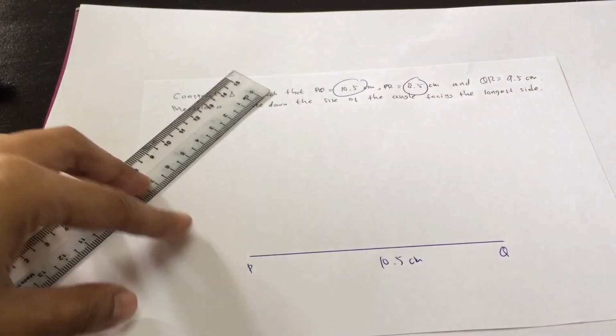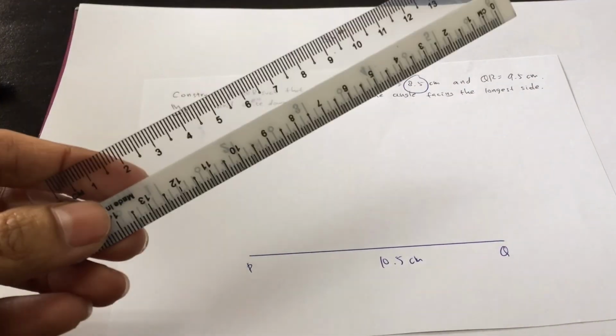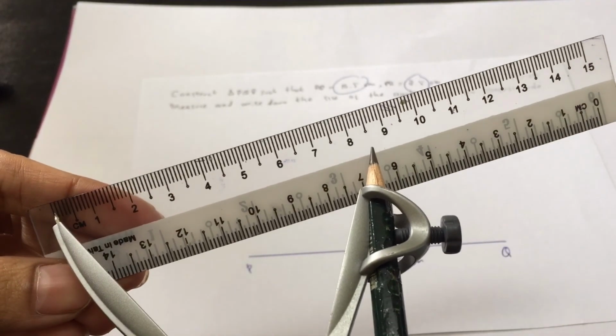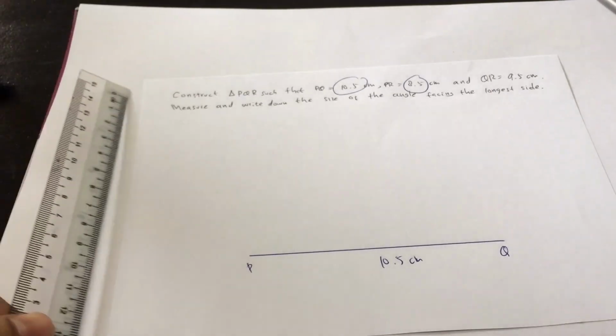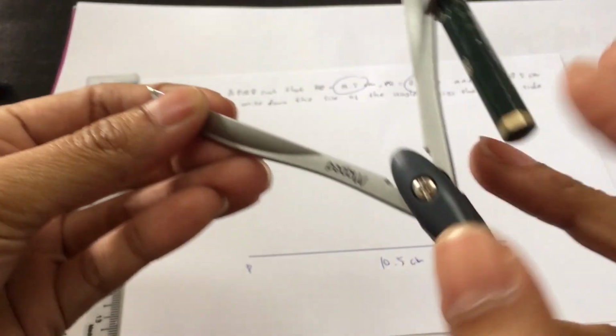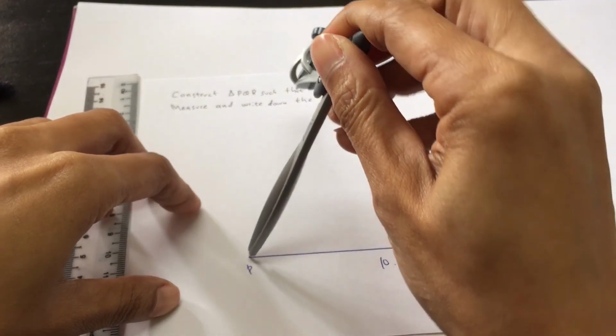PR is 8.5 cm. So P as the center and 8.5 cm as the radius. Now we will draw the first arc.